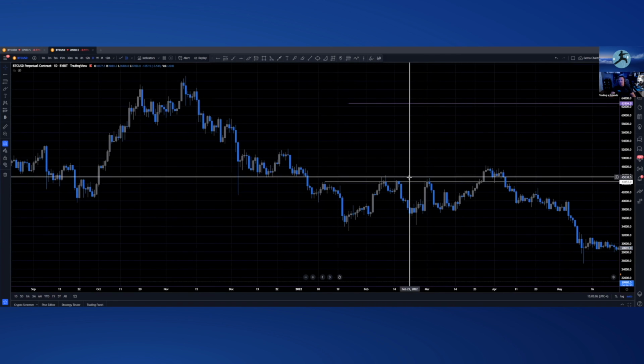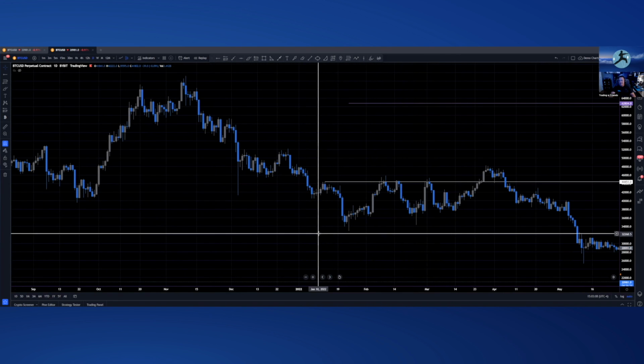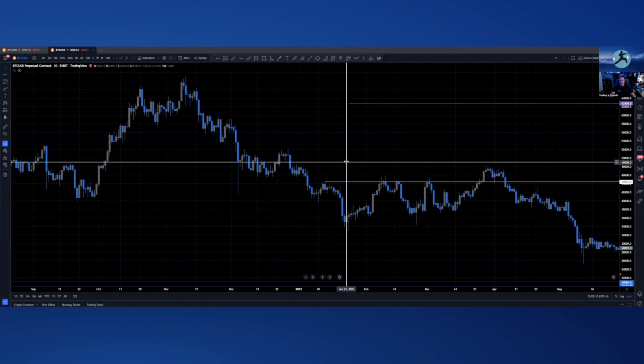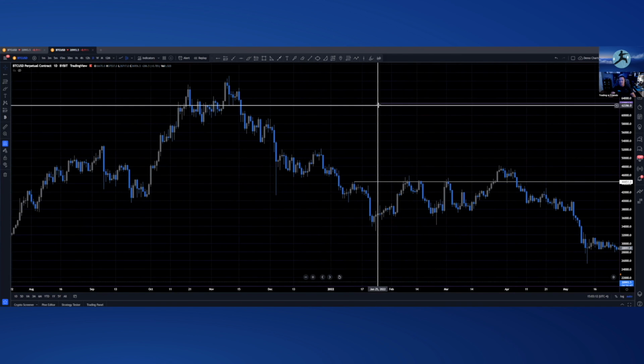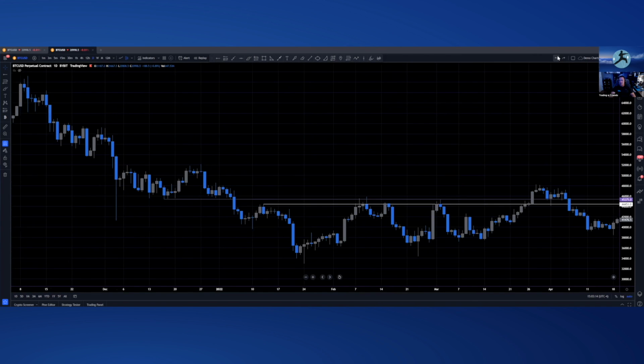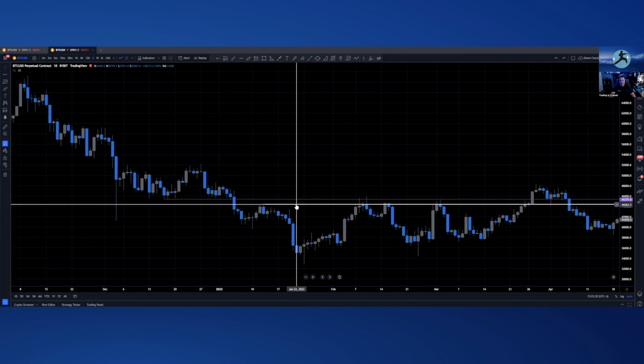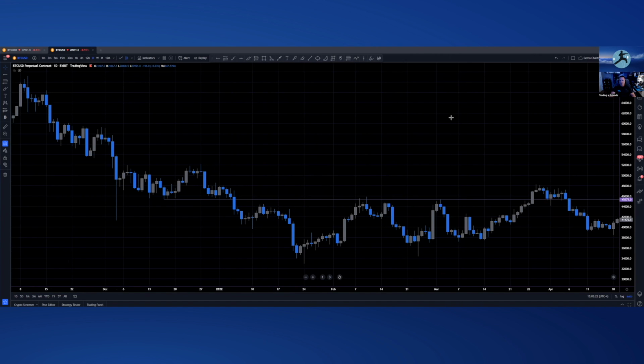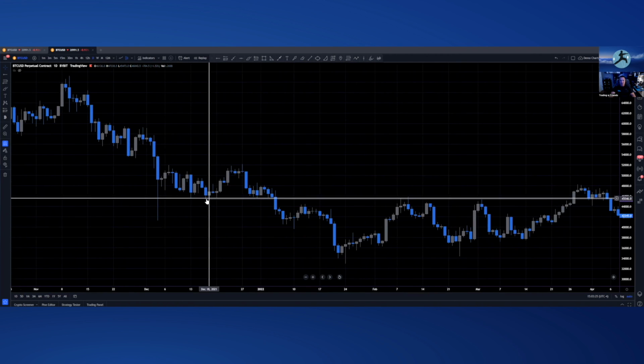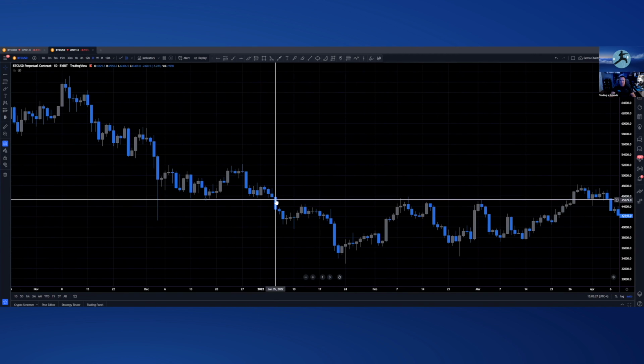Whereas if we look for candle closures, that can give us a much better insight as to what we should do, because in this instance here, let me remove this white one. We're on the bottom side, so we've seen this candle close through that level.